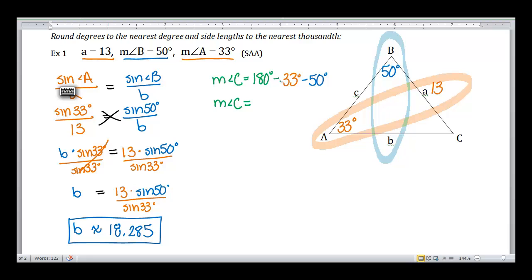So if I go ahead in my calculator and subtract those, I find that angle C is going to be 97 degrees.